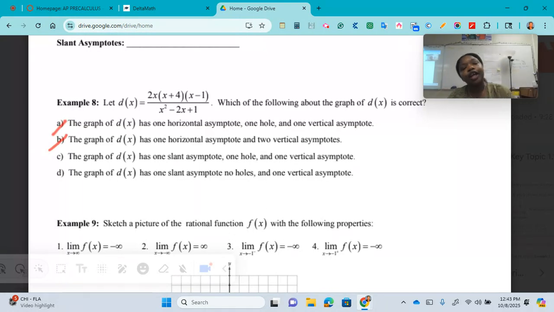In order for us to see that, what would we need to do? Because the only difference is one has a hole and one doesn't. So what do we need to do to figure out if that is correct?